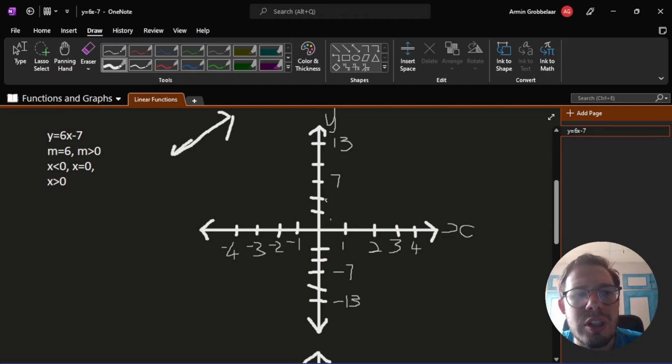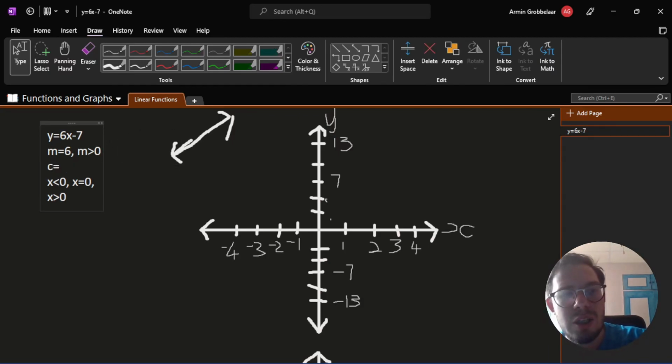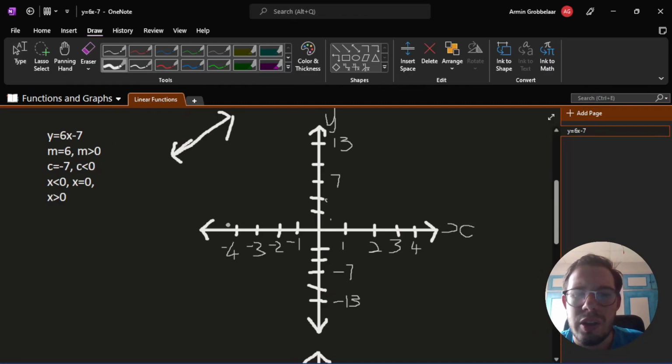Then you can also see here that c is equal to minus 7, so c is less than 0, so we know that the function is going to cut the y-axis somewhere under here.